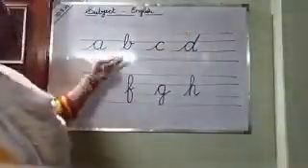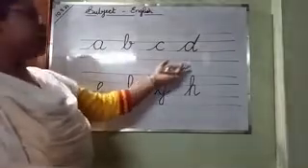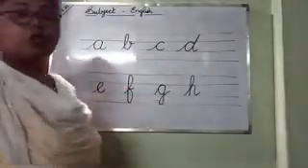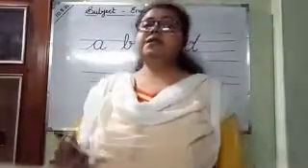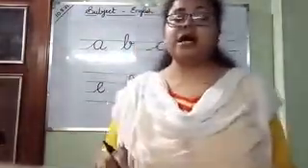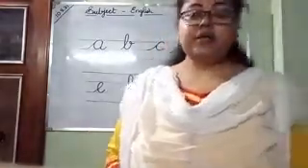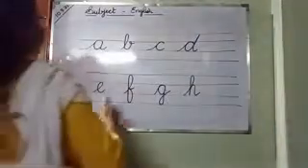A will be there, B, C is not there. Then you have to write. Or E, F is not there, G is not there, you have to write. Whatever place it is missing, you have to fill with the alphabet. Now the 3rd pattern. What is the 3rd pattern? What comes after and before this alphabet? Okay?